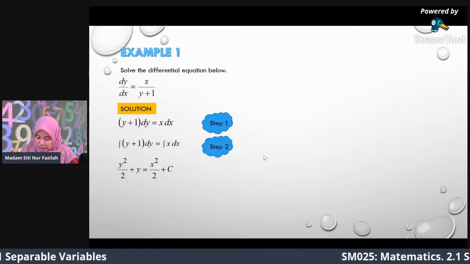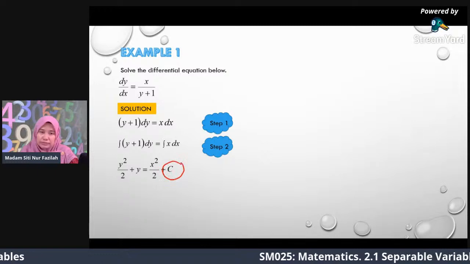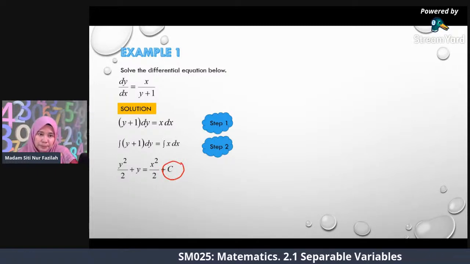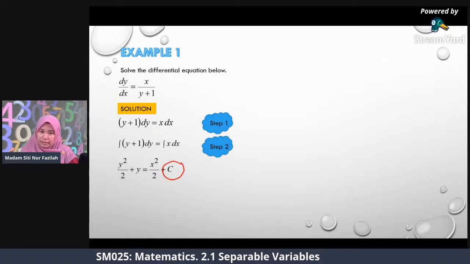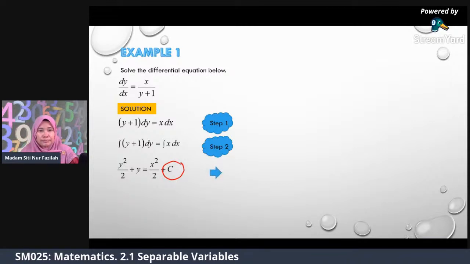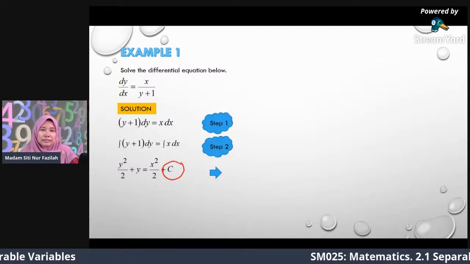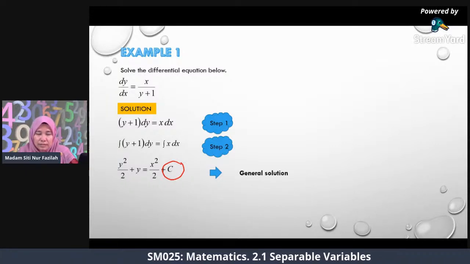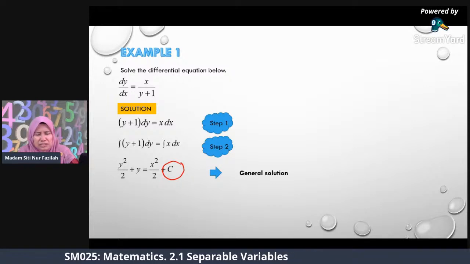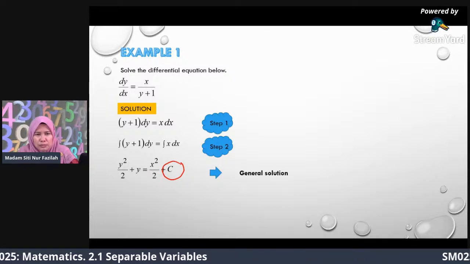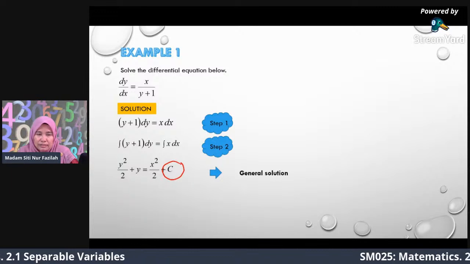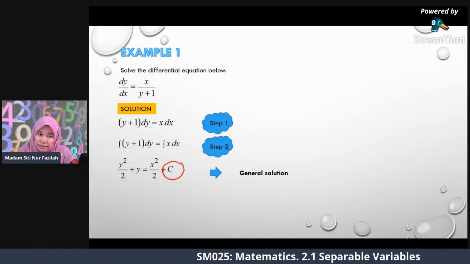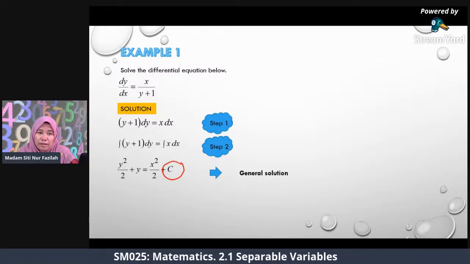Don't forget to write down plus c. This one we can call a general solution. To find the general solution, at least we need to simplify or express y in terms of x.